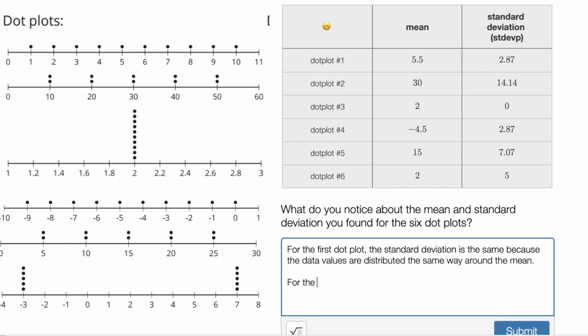For the second dot plot, so we're looking at the second dot plot for each group.